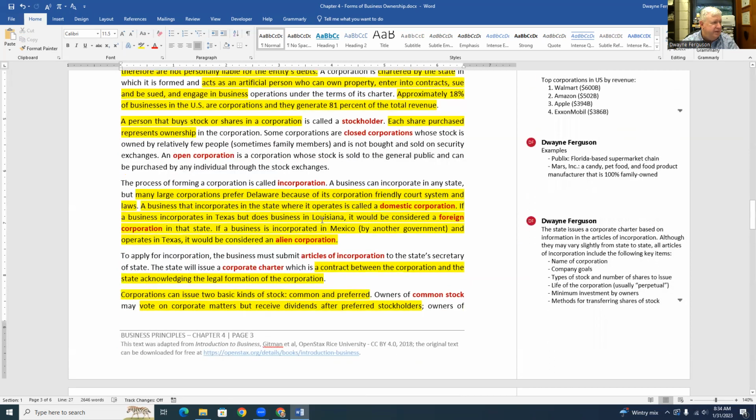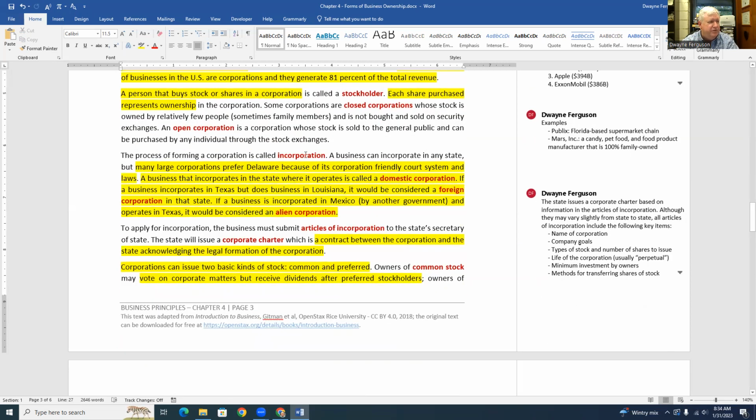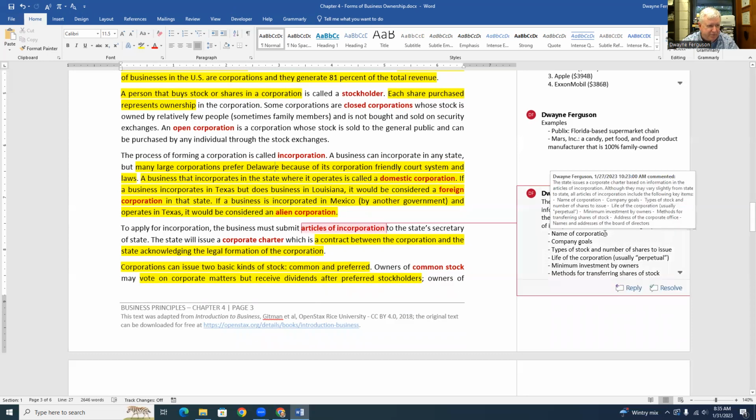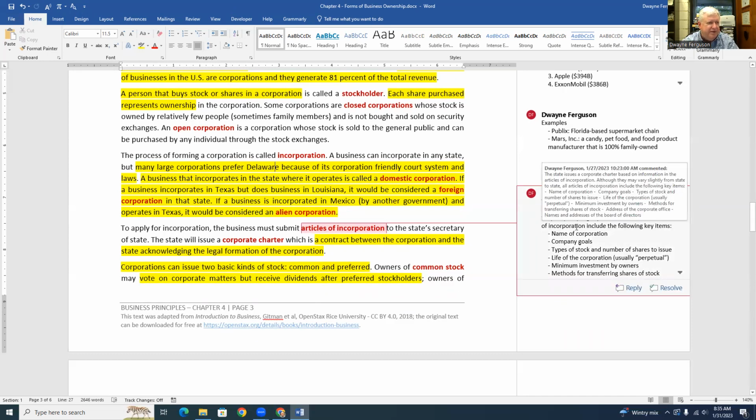The process of forming a corporation is incorporation. You can incorporate in any state, but some states have really lenient tax laws and the ability to cut you breaks on your taxes, property taxes, for example.